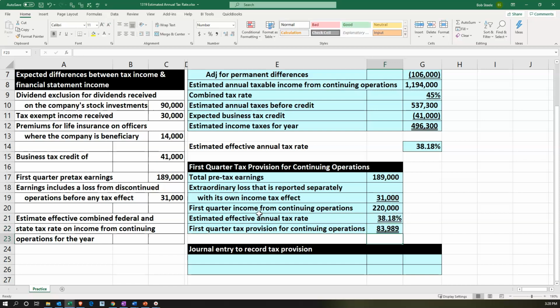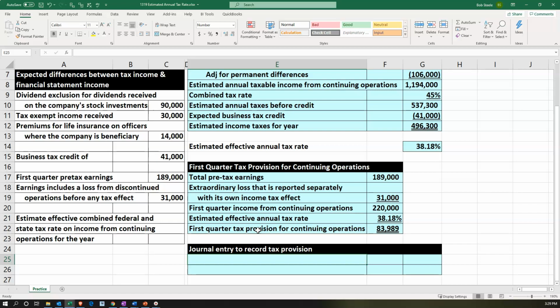And that's going to be the 83,989. Notice when you multiply by something that is rounded, it doesn't actually equal exactly the 38%. In Excel, it'll use the exact number. So if you were to do that in a calculator and you didn't see the decimals, then it would come up to something slightly different. So just take that into consideration when you're thinking about these items. It is an estimate, of course, that we are putting together. So rounding shouldn't stop us either way, because obviously it's an estimate.